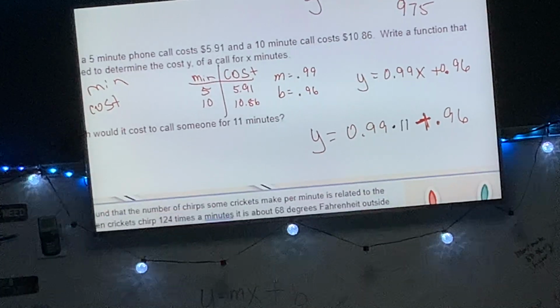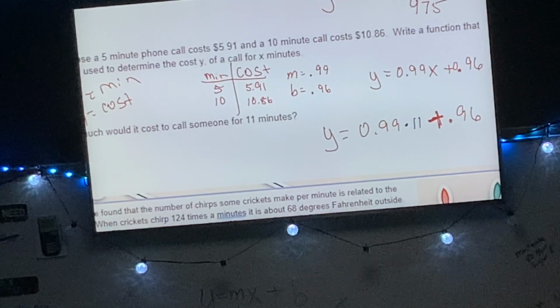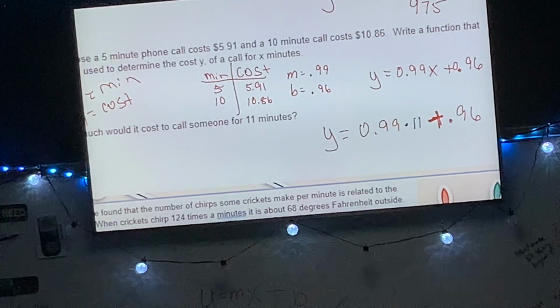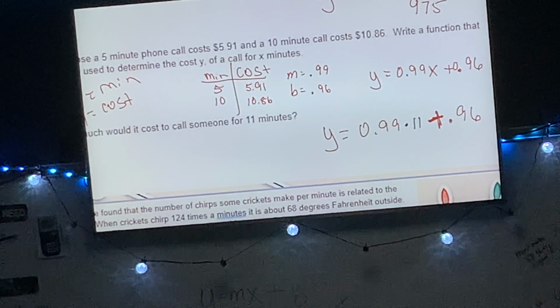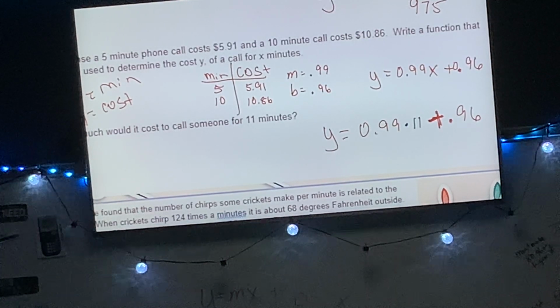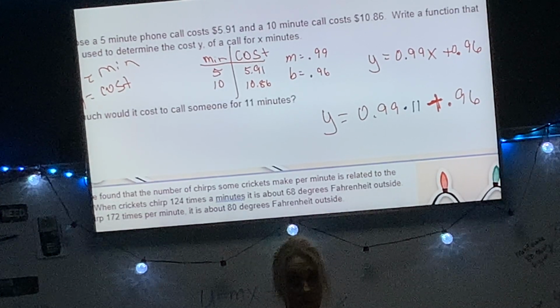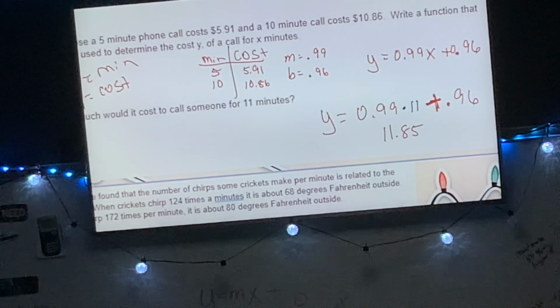And then I just need to plug that in a normal calculator and figure out how much it costs. And how much would 11 minutes cost us? $11.85. You try number 4.